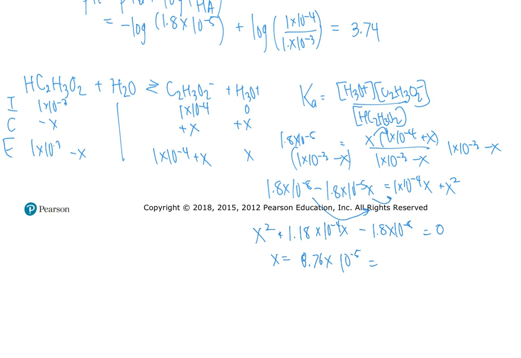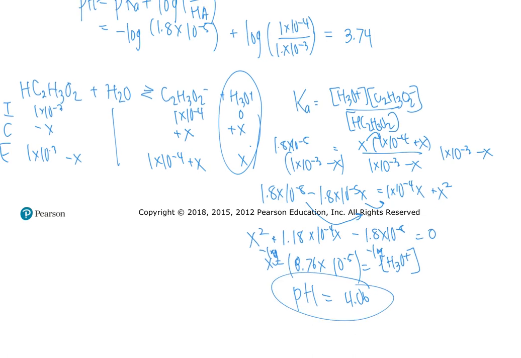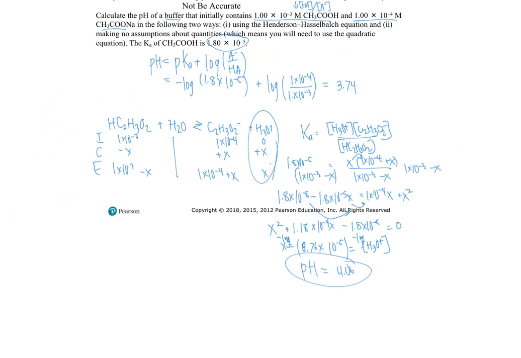And that x is hydronium. So if I take the negative log of this, I get my pH. My pH is 4.06. So you can see, making no approximations, that's always going to be the more accurate answer.